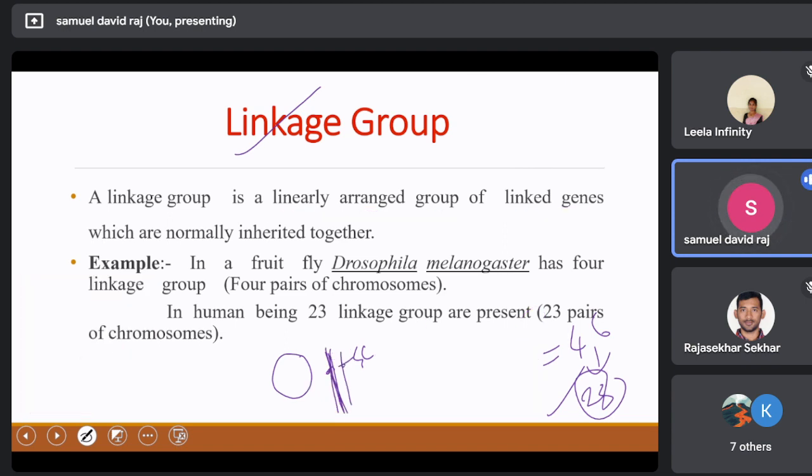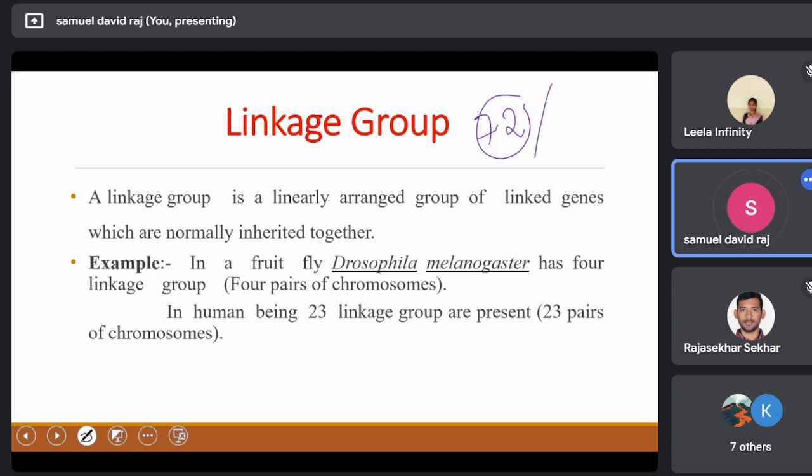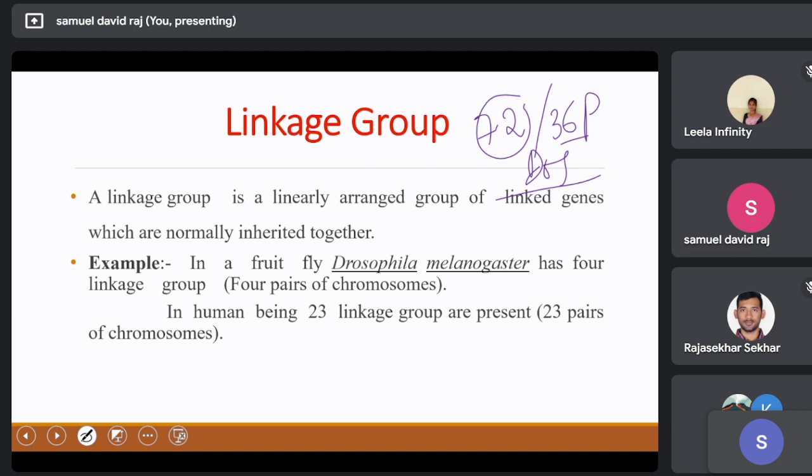So if a question is asked, there are 72 chromosomes, or 36 pairs of chromosomes, in a dog. What is the number of linkage groups? Then what will you say? 36, sir. It is 36 because we have to take the haploid number only.